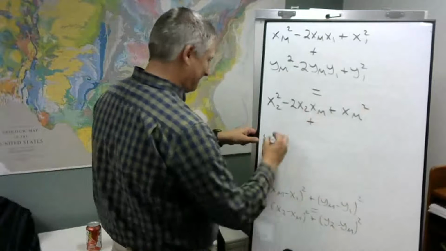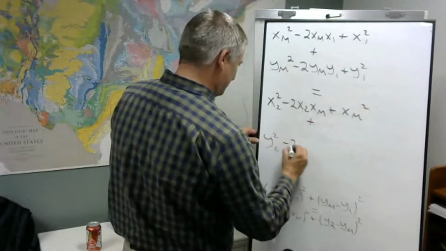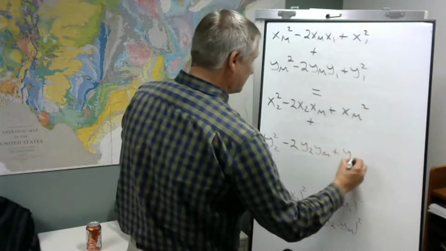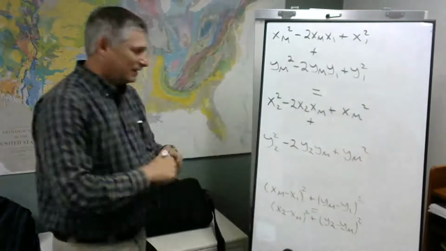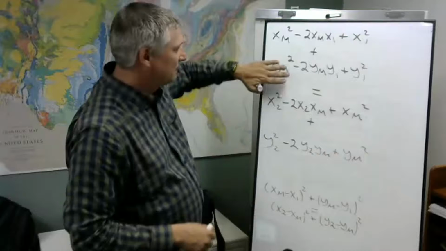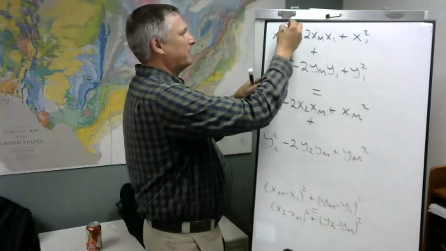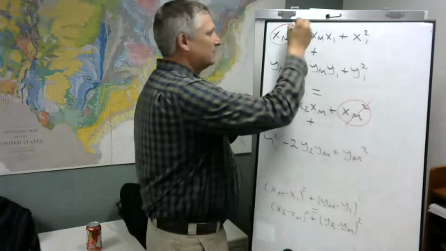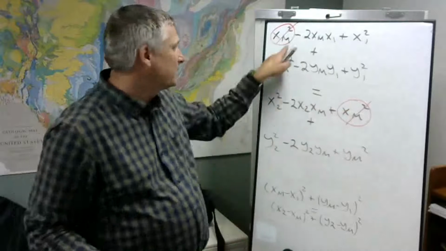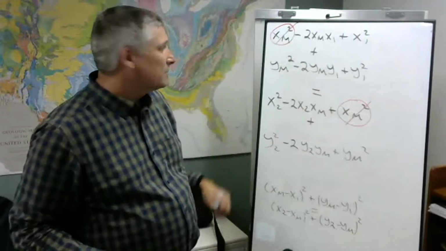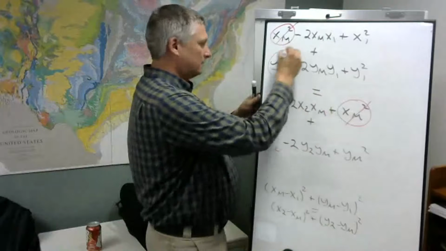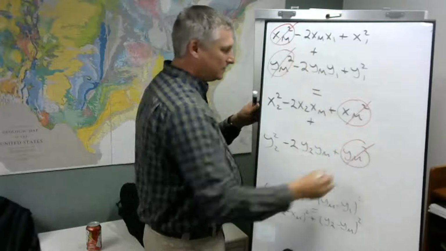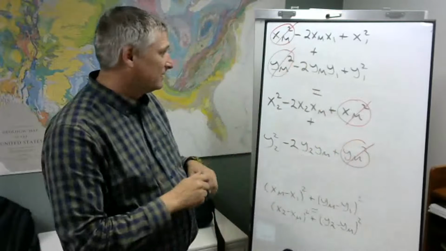And then the same here. Now we can do some cancellations. Above the equal sign, we have an xm squared. And then below this equal sign, there's an xm squared. We can subtract xm squared from both sides, canceling those out. We also have a ym squared above the equal sign and a ym squared below the equal sign. Subtract from both sides, they're going to cancel out. So this is what we get.